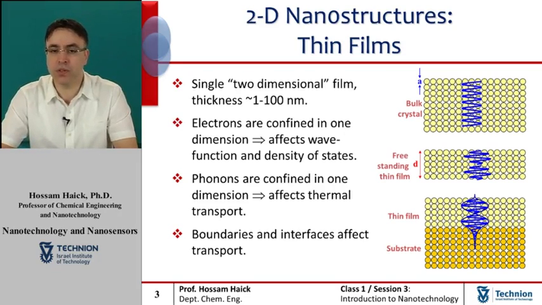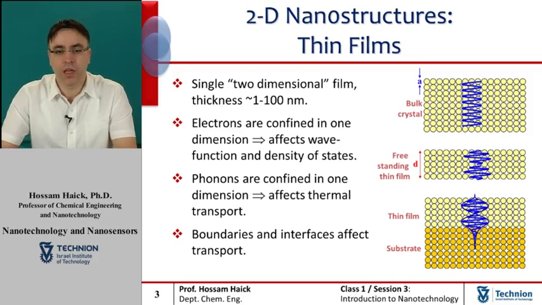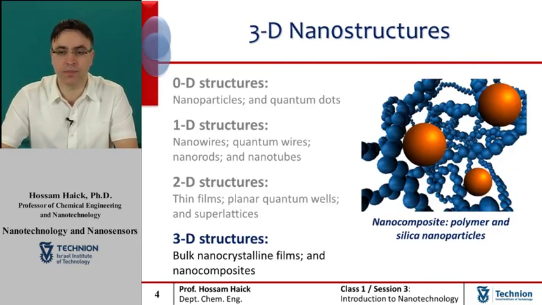Similarly, phonons that are confined in the direction perpendicular to the substrate therefore affect the thermal properties. All transport phenomena in two-dimensional structures are highly affected by defects, boundaries, and interfaces that might exist in or in the vicinity of the thin film. More details about all of these effects will be given in the next classes.